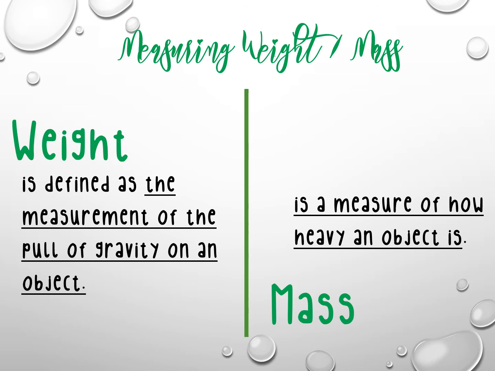So pag sinabing weight, that is the measurement of the pull of gravity on an object. So hindi yun yung sinasabi nating bigat. Okay? So pag sinabing bigat, yun ay mass. Kasi mass is defined as a measure of how heavy an object is. Okay? So that is the difference between weight and mass.